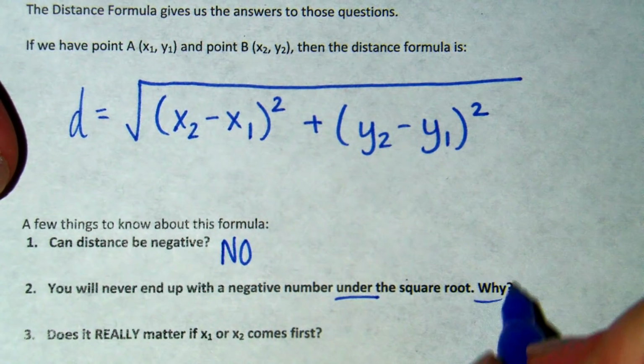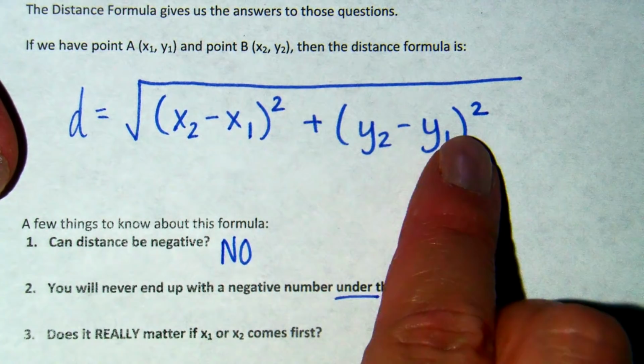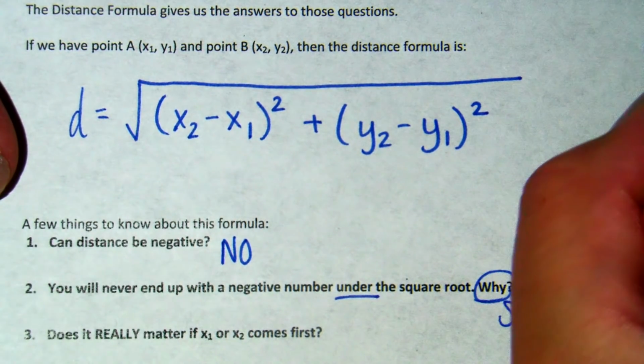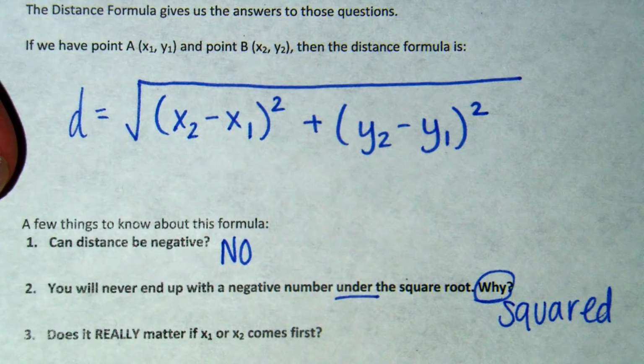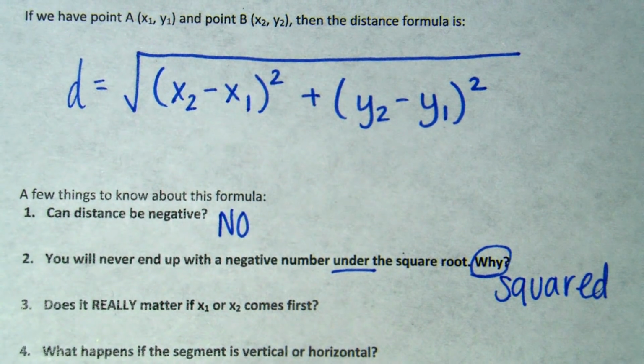Why? Because everything is squared. Any negative number squared will always be positive.